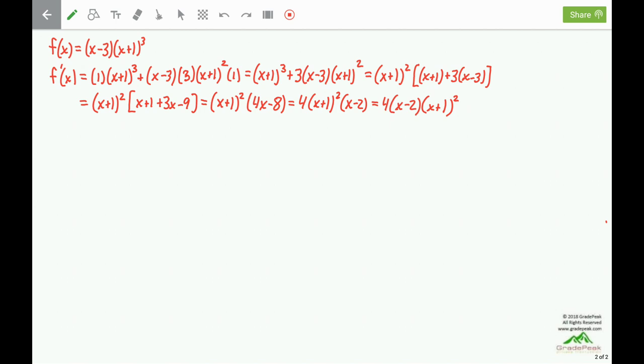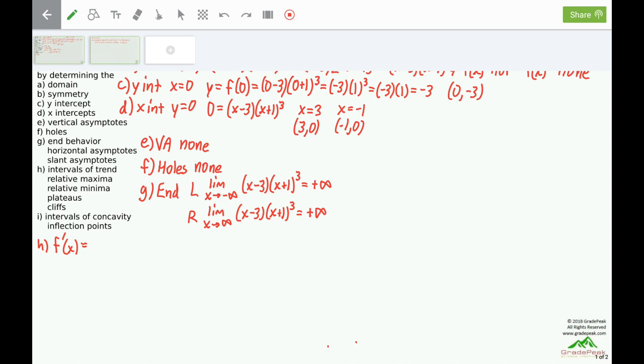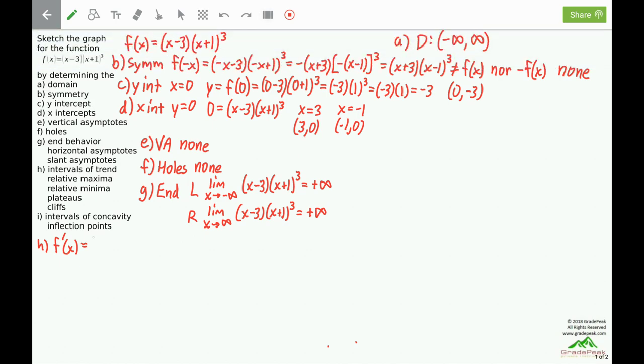There's the first derivative, fully factored. So it was 4 times x minus 2 times x plus 1 quantity squared.